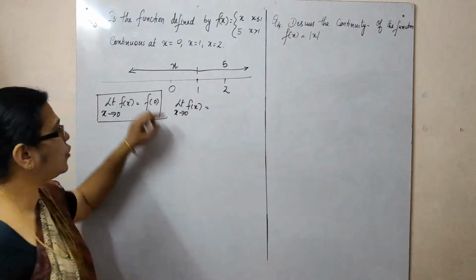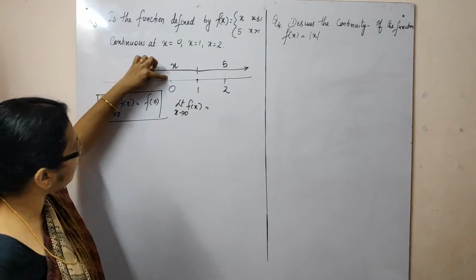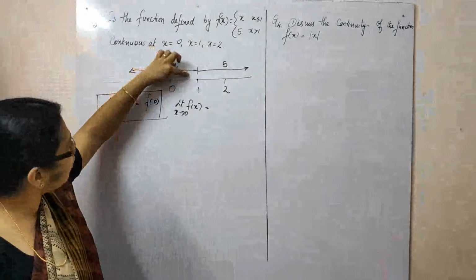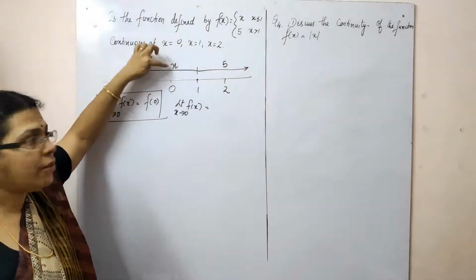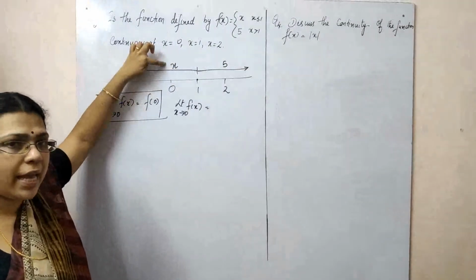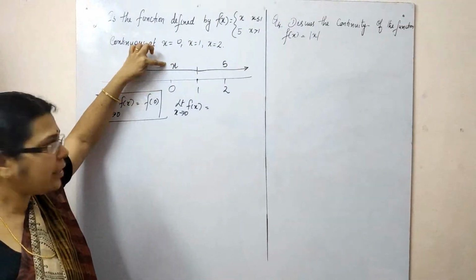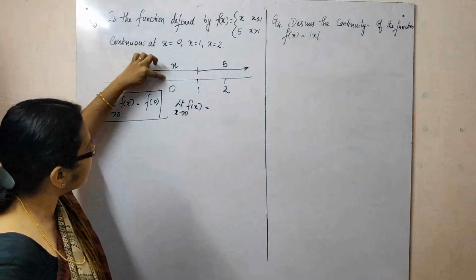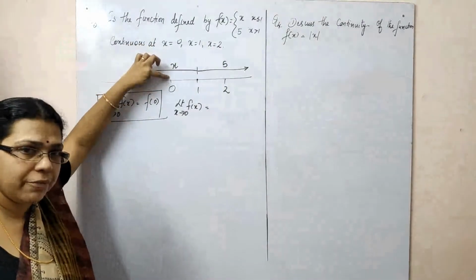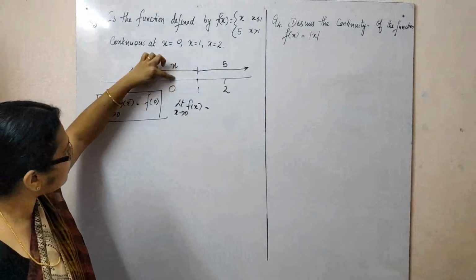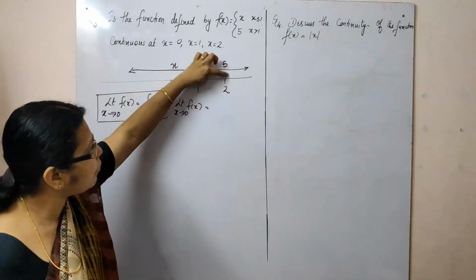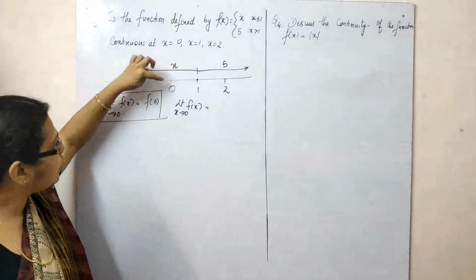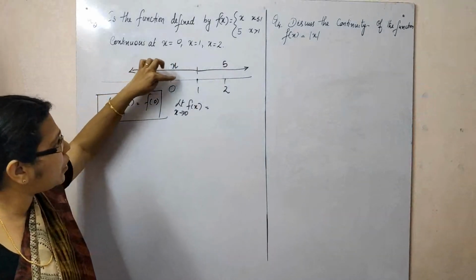As the value of x tends to 0, from the left hand side or from the right hand side, the function value is what? x. Are you following what I am trying to tell you? As the value of x tends to 0 from the left of 0 as well as from the right of 0, I am not talking about the extreme right, just in the neighborhood of 0.